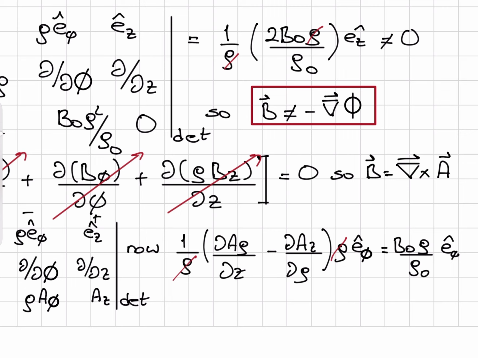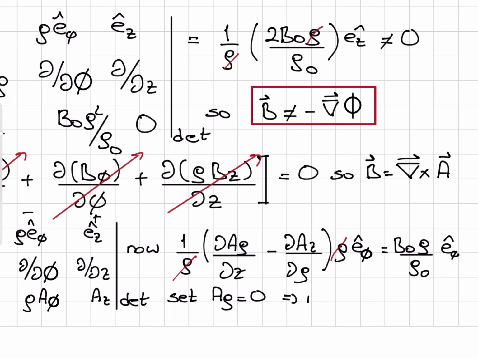So the answer is not unique here, so I can try setting A rho equal to 0. In that case I would get the partial derivative of Az with respect to rho is B0 rho over rho 0.